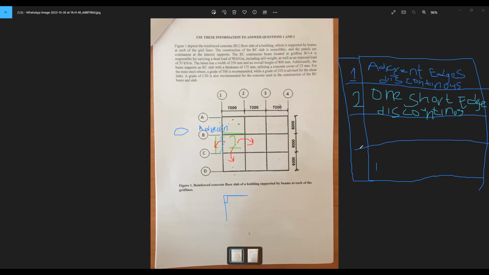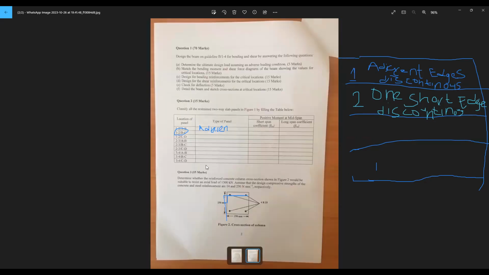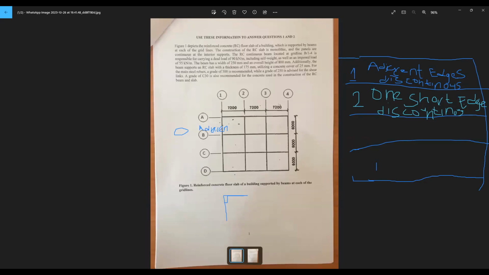Okay. So let's move on to the third panel. Our third panel from the question is 1, 2 CD. It means that we are still at the 1, 2 column, but we are going to CD. So CD is here.